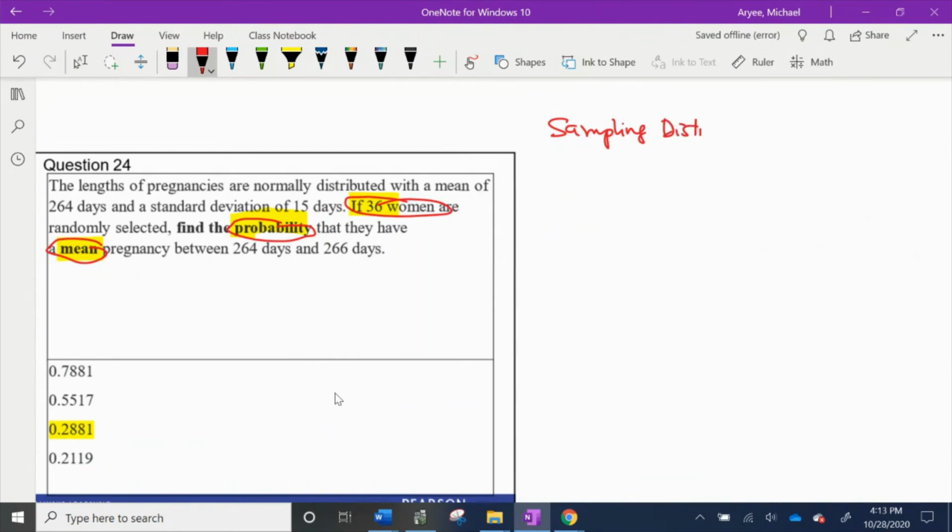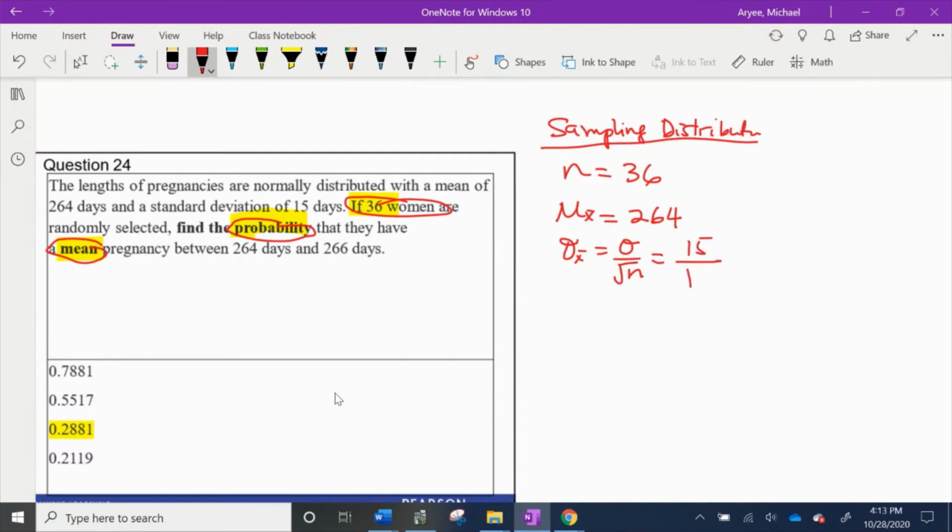Now, when it's a sampling distribution, you need the n, the mu x bar, and the sigma x bar. Those are the key players. N is 36, the 36 women. The mu x bar is always the original mean, so that is 264. The sigma x bar is sigma over the square root of n, which is 15 over the square root of 36.